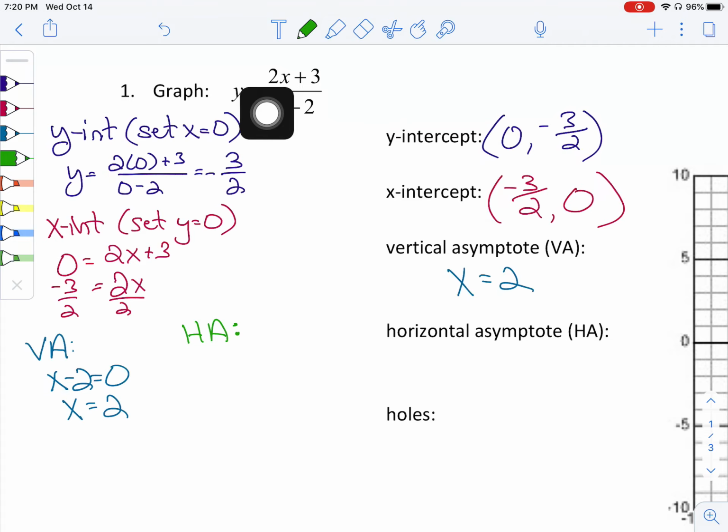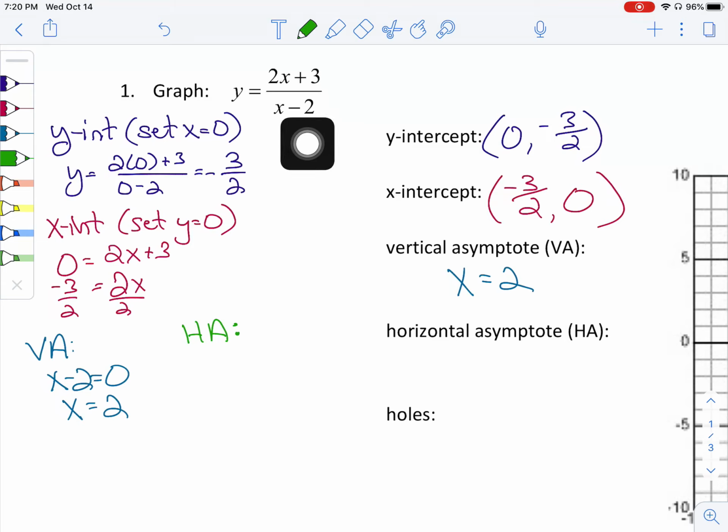Now, if I take 2 trillion and I add 3 to it, that 3 really doesn't matter. It's not going to change things drastically. And if I take a trillion and I subtract 2 from it, it's a little bit smaller, but not much.